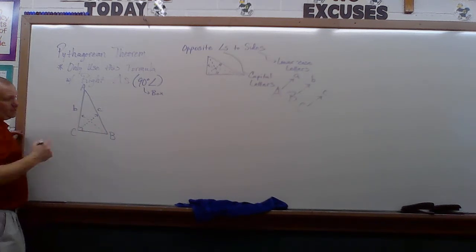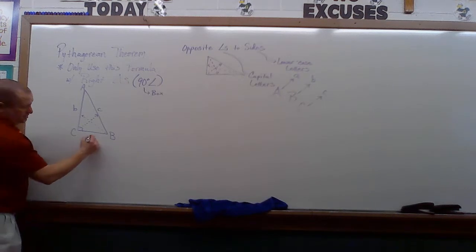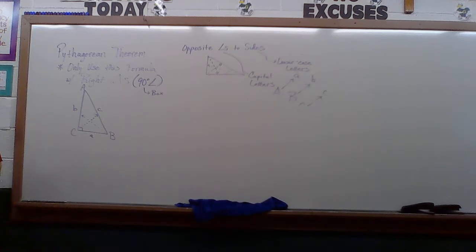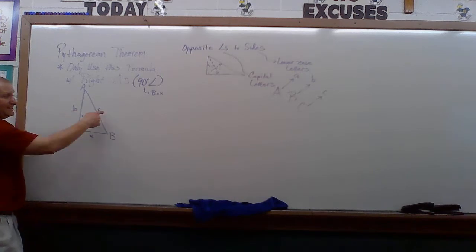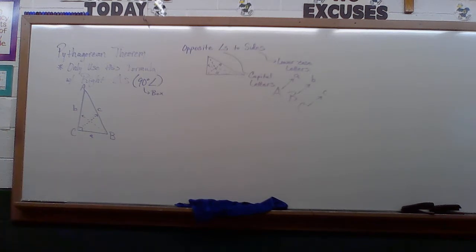And then obviously the bottom side should be called lowercase a. Or again, you could go back and use the two angles and write it as a segment. We introduced segments the other day, didn't we? So you can do it either way, but a lot of the time they use these lowercase letters, and that's what we really want to concentrate on for this particular case. Does that make sense to everybody?